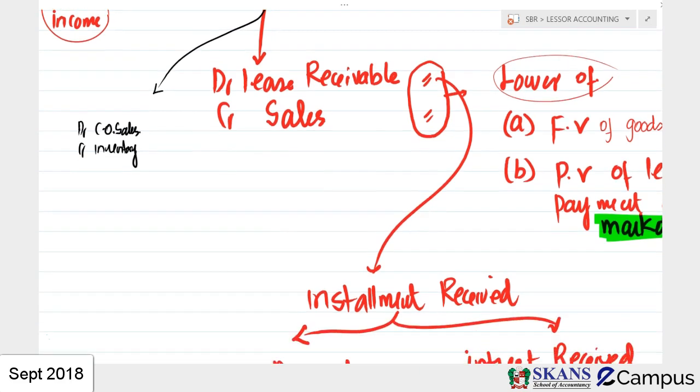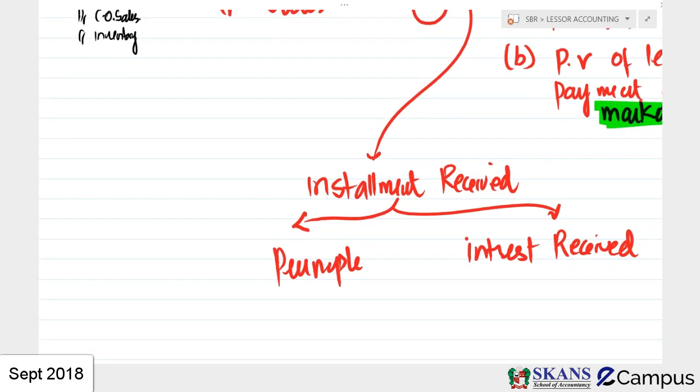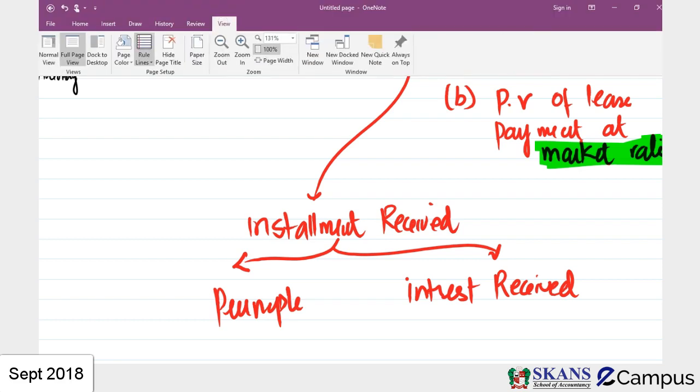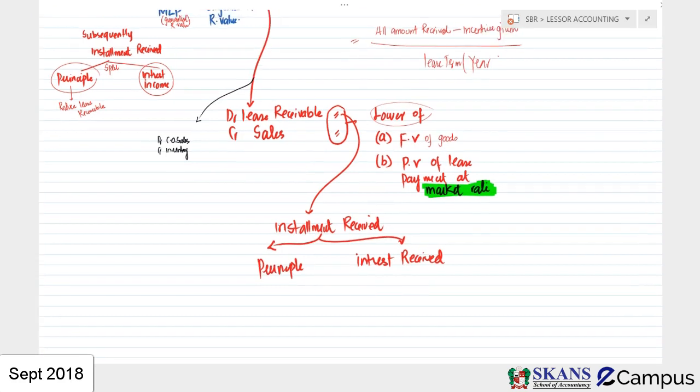After passing these entries, guys, we will receive the installments, and the installments will be divided between principal and interest received. Now this is the same treatment that we have already learned. The most important point is that when a dealer or manufacturer is a lessor, they are earning two elements. The first element is principal and the other element is interest received. Thank you so much, guys.